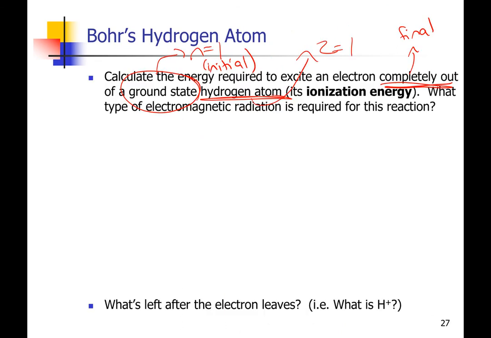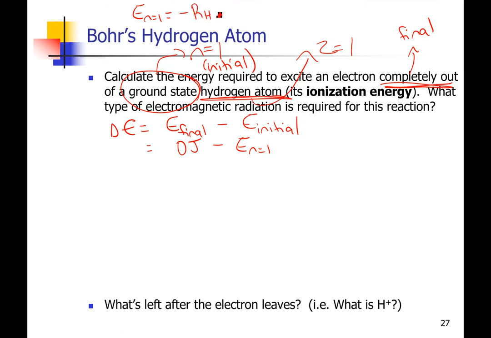So here, our delta E is going to be equal to our final energy for the electron minus our initial energy for the electron, which is going to be 0 joules minus the energy of the n equals 1 orbital. Remember again, E for n equals 1 is going to be equal to negative Rydberg constant times Z squared over n squared.